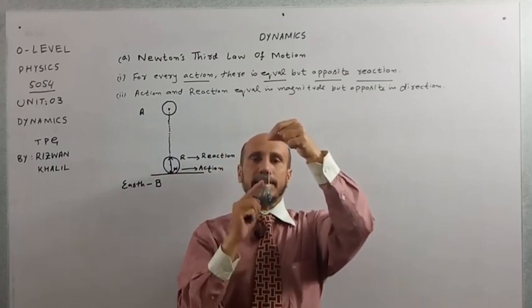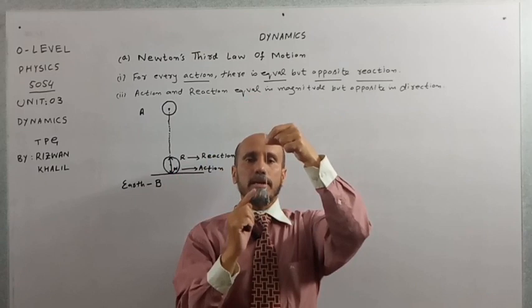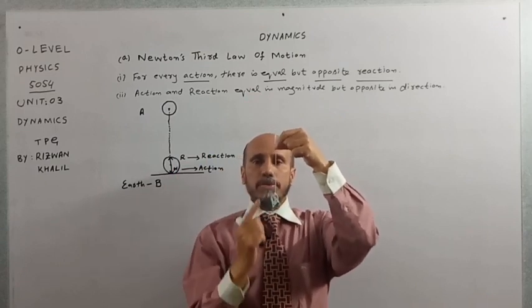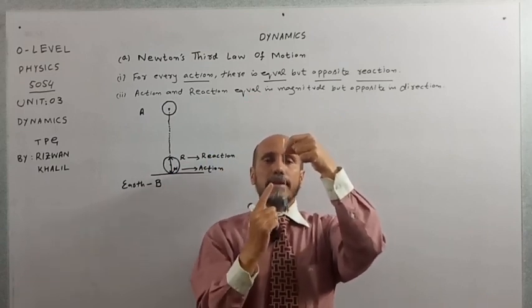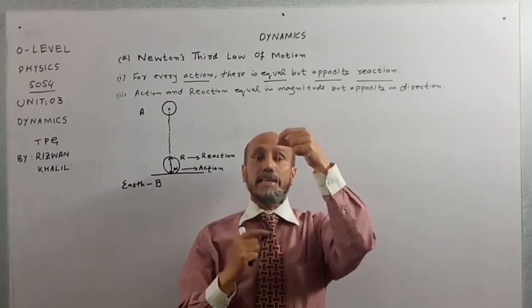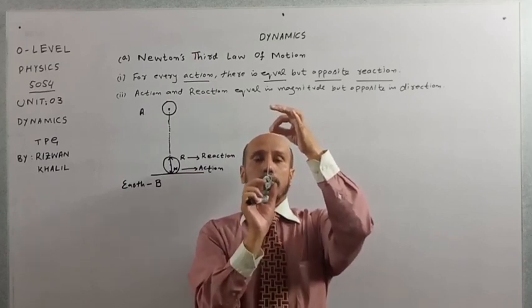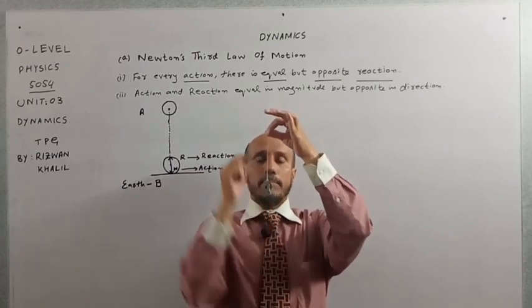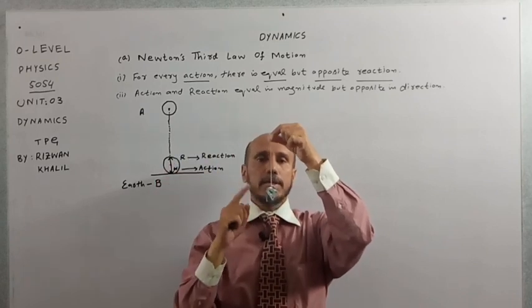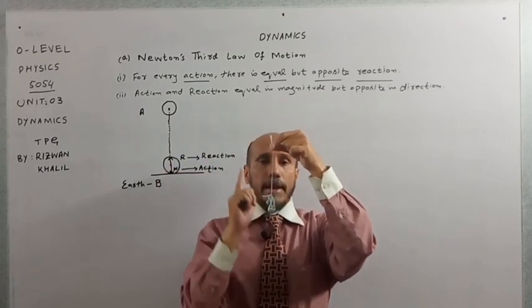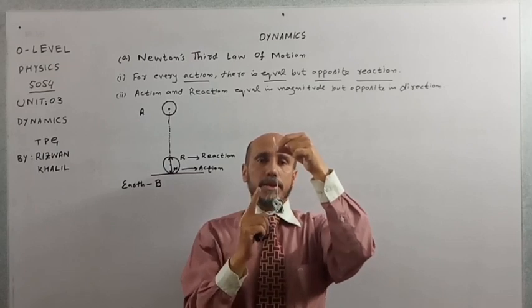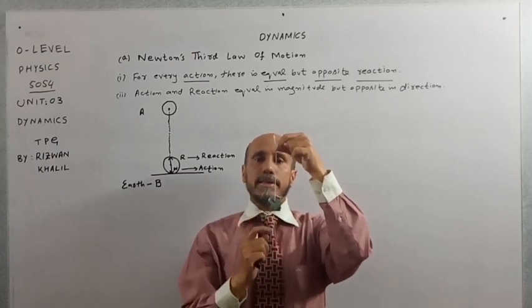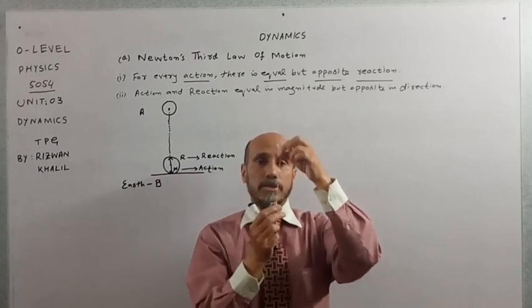This will be called action, and as a result there will be an opposite force acting on the string in upward direction, that is called tension. So the weight applied in downward direction is action, and the force exerted on the string in upward direction, the tension, is called reaction.